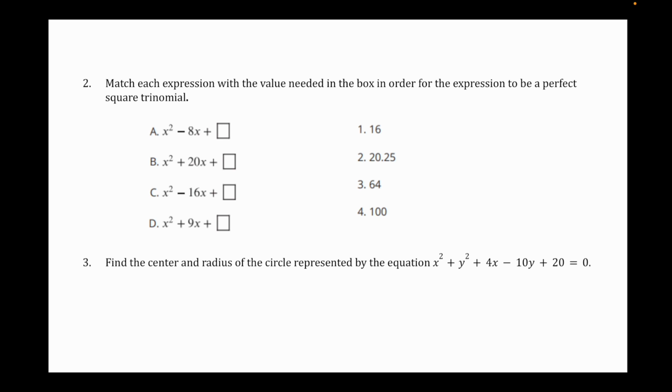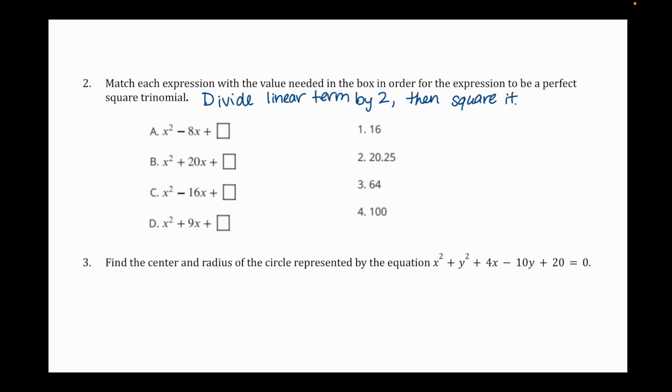Match each expression with the value needed in the box in order for it to be a perfect squared trinomial. What we want to do for our process is divide the linear term by 2 and then square it.